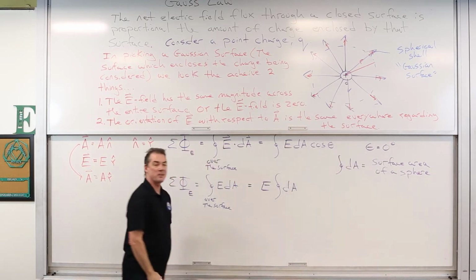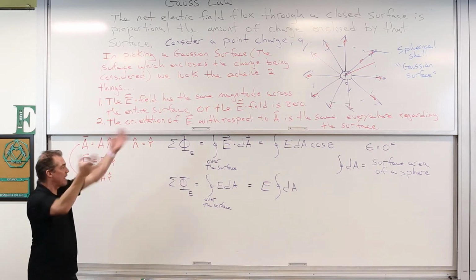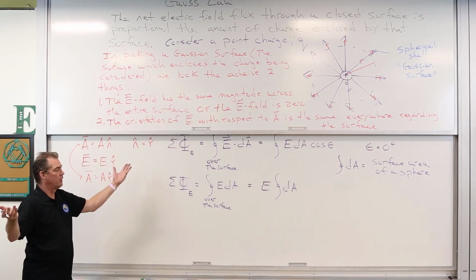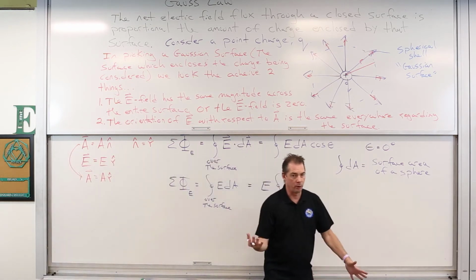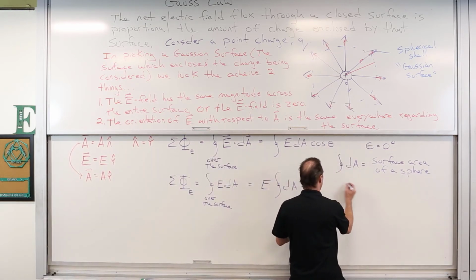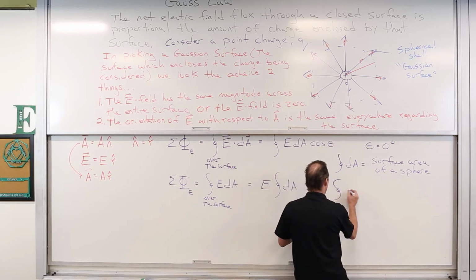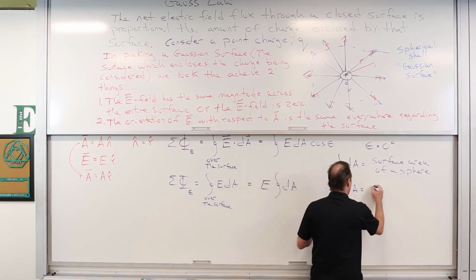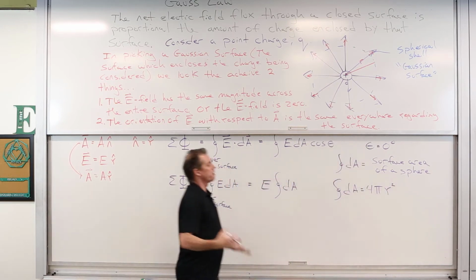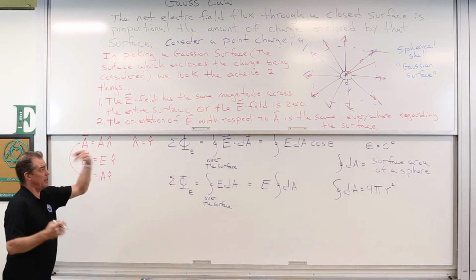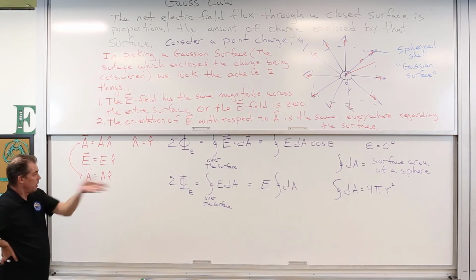Hey, that's the surface area of a sphere. That's our surface. It's a spherical shell. What's the surface area? It's something that if you don't know, you could look up, or you just know it, and the integral of dA is equal to 4 pi r squared. Depends on your radial distance away from it, but we're just saying, hey, we're some radial distance away from it, r. So there it is.